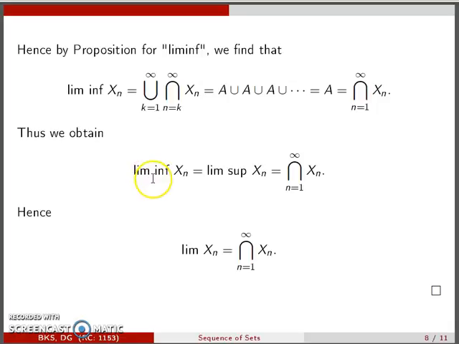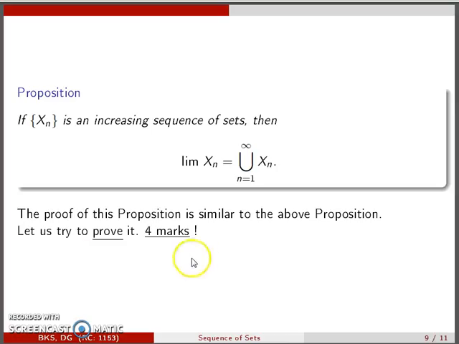Thus, we obtain that lim inf and lim sup are the same. That means the limit exists and the limit of xn is the intersection of xn. In the same way, if you have an increasing sequence, then the limit is simply the union of xn. Up to you to prove.